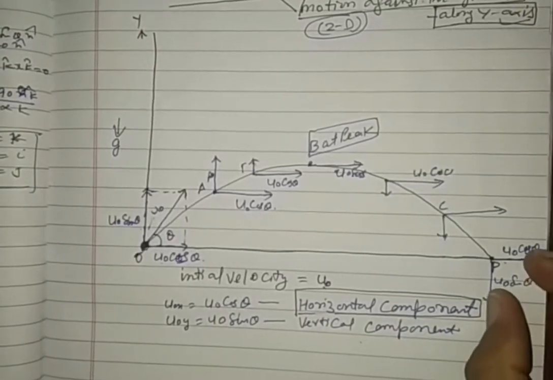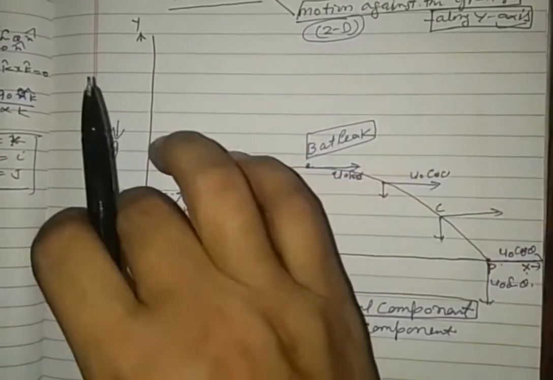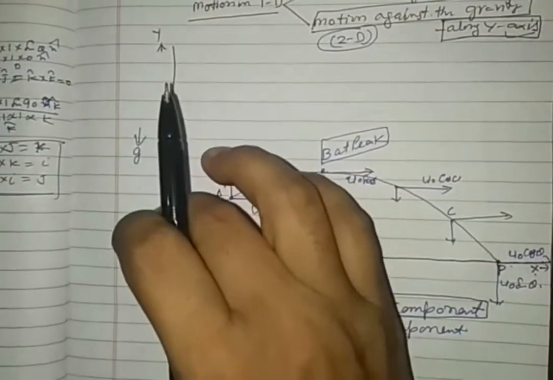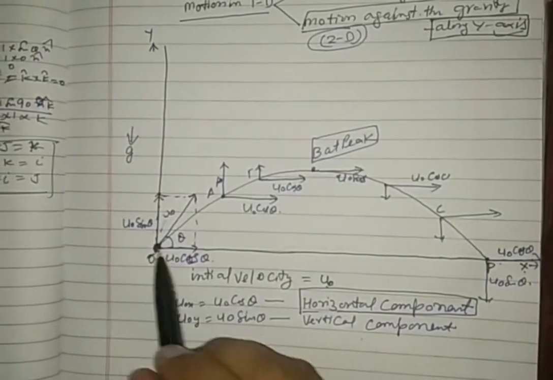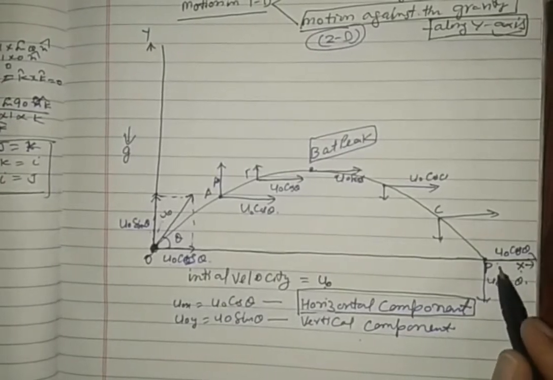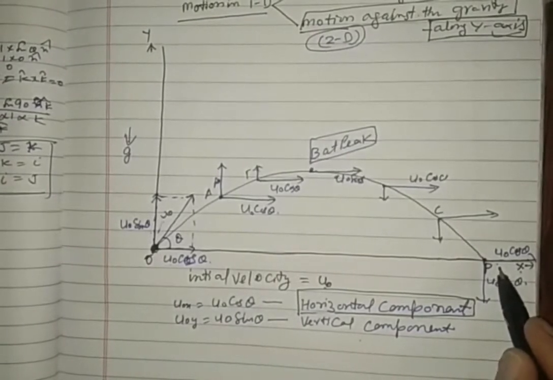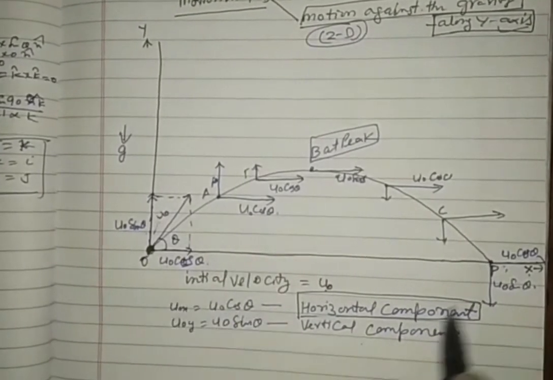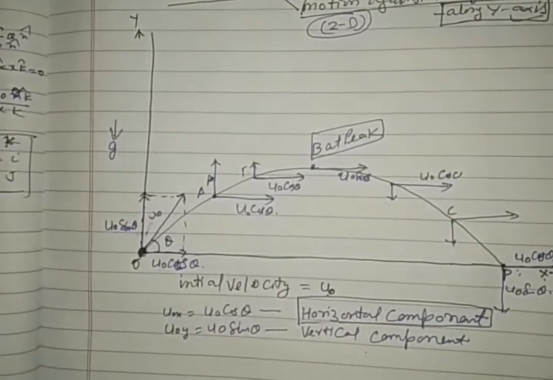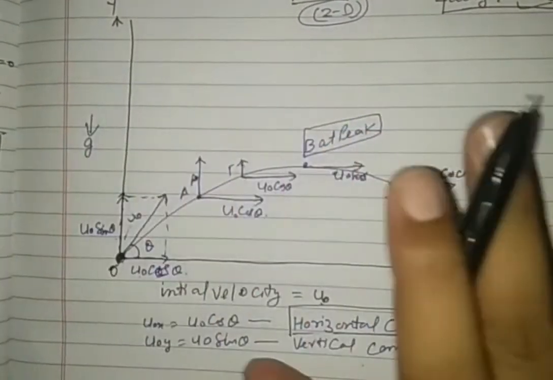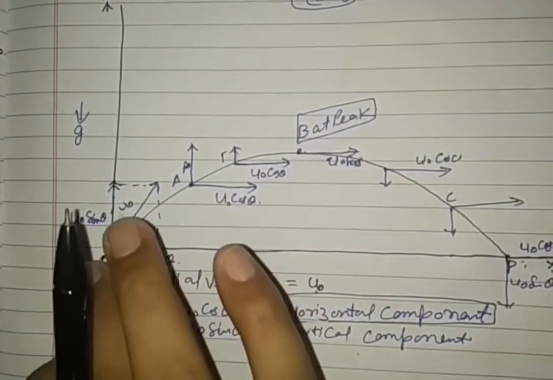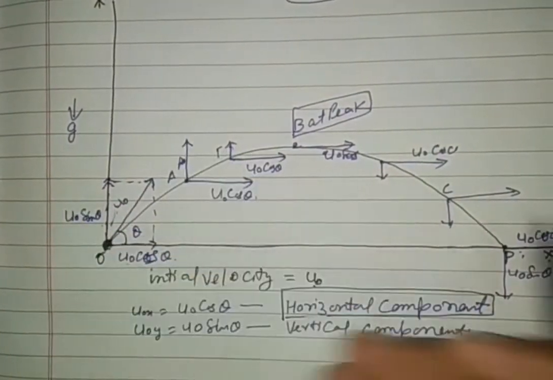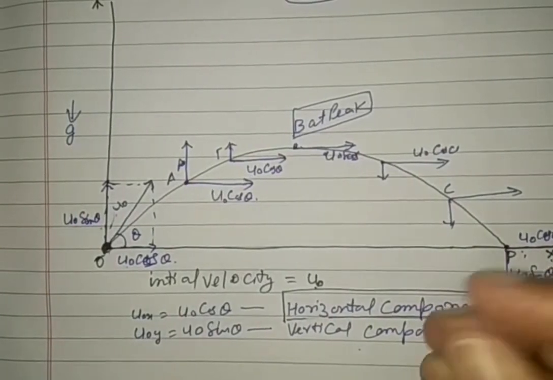So both components at point P are the same in magnitude as at the point of projection. So the velocity of projection is equal to the velocity of approach on the ground. The same velocity hits the ground here. It must be clear to everybody that a projectile, by the momentum with which it is thrown upward, hits the ground with the same momentum.